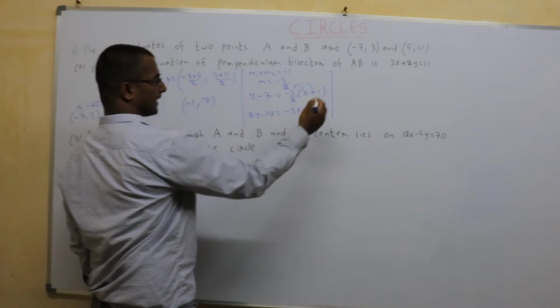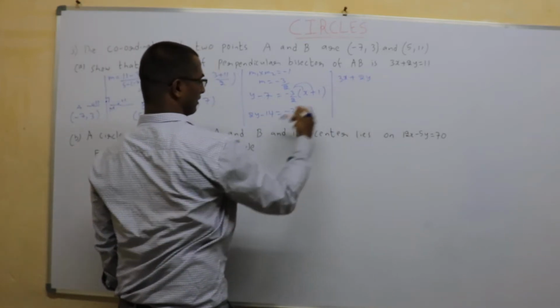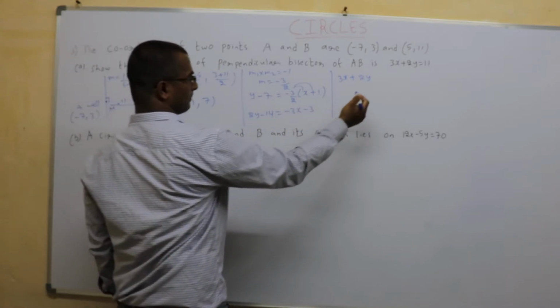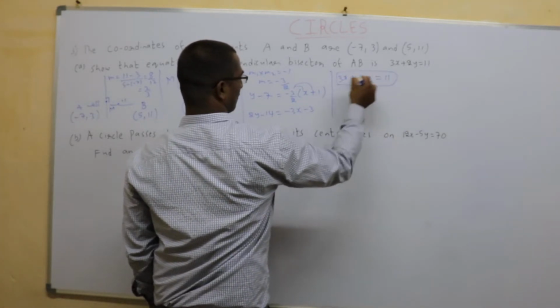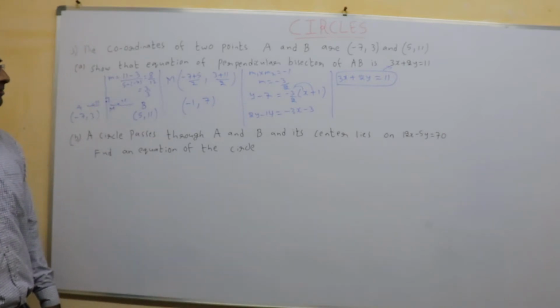Bring 3x to this side, so it becomes 3x plus 2y. Minus 14, send it to the other side: minus 3 plus 14 equal to 11. So we got the equation.